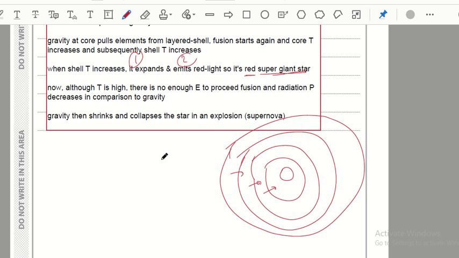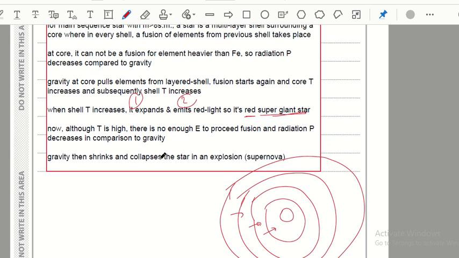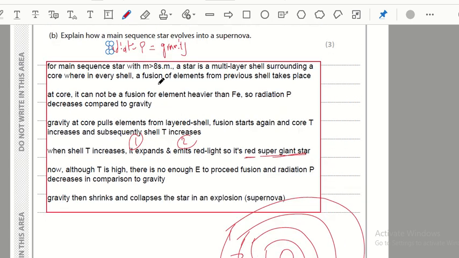I want here to emphasize that you should always remember that there is a dynamic process between gravity and radiation pressure. This process depends on whether there is enough energy to make a fusion or not. Okay, please don't forget this. Take it into your consideration. You can make your answer simpler than this.